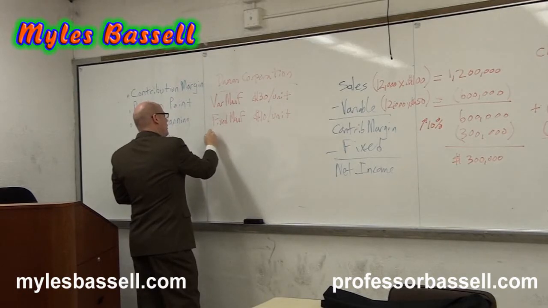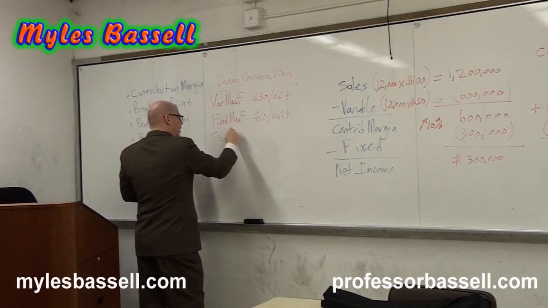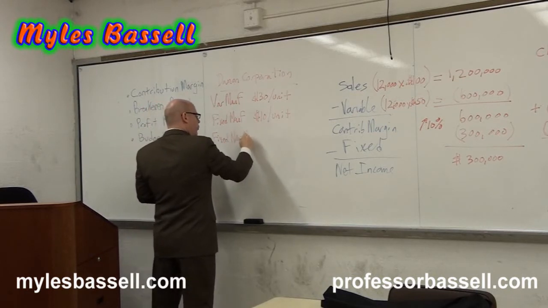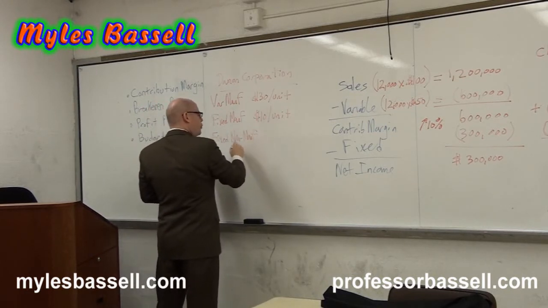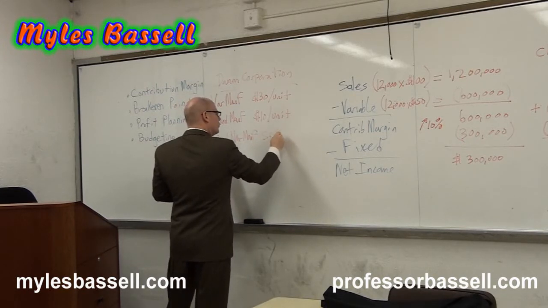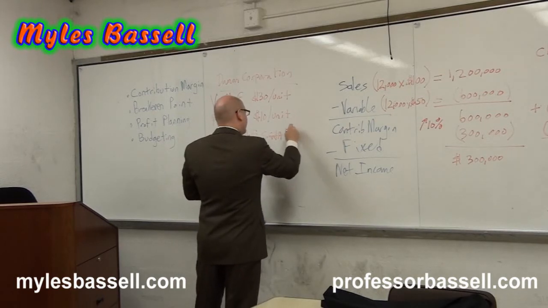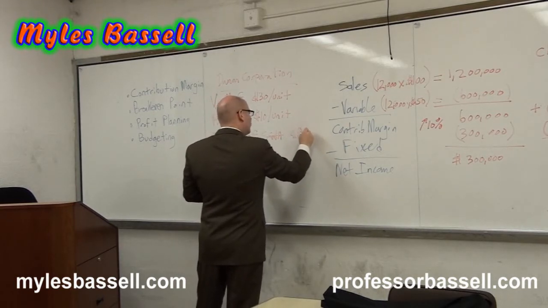And then it tells us the fixed non-manufacturing cost, which we frequently refer to as SG&A, which is how much? Is it $8 per unit? $8 per unit.